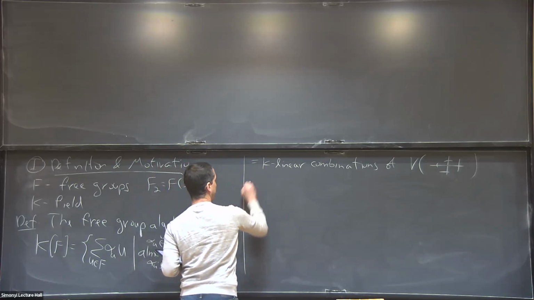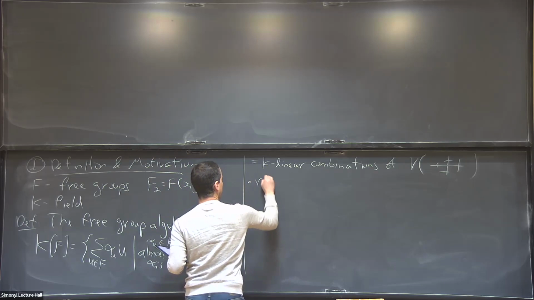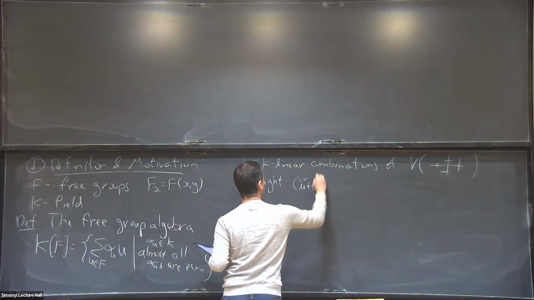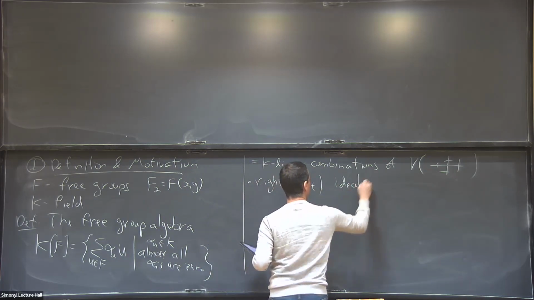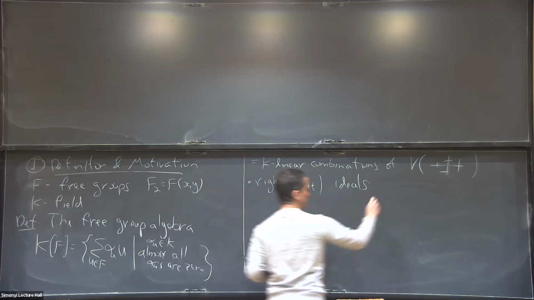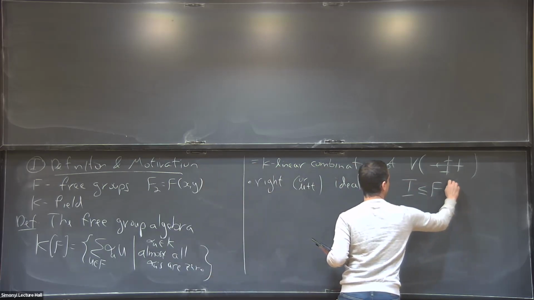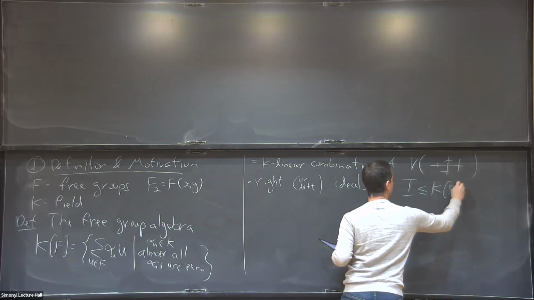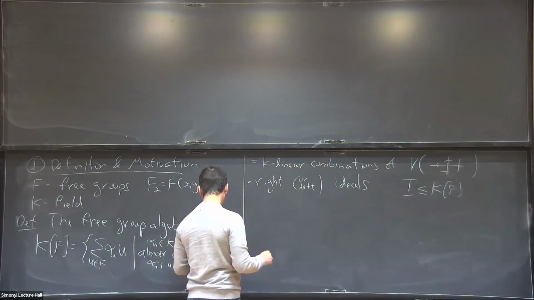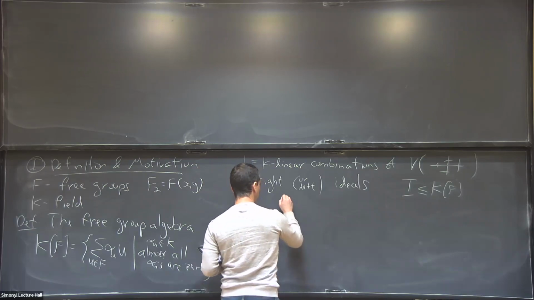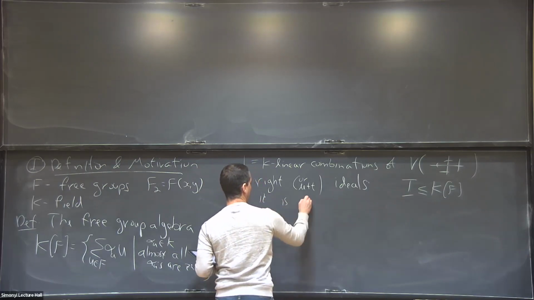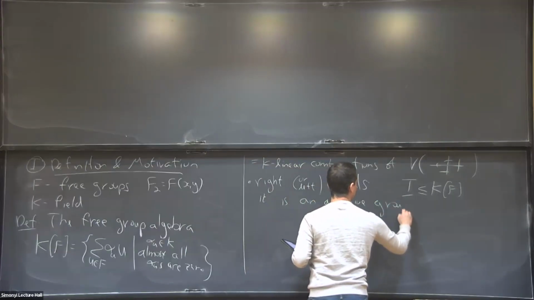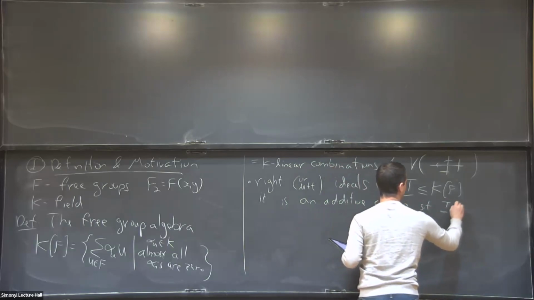We're going to talk about one-sided ideals, so right ideals or left ideals. Let me remind you: I'm going to denote it by I in KF. Of course this is an additive group, and such that I times KF is contained in I.